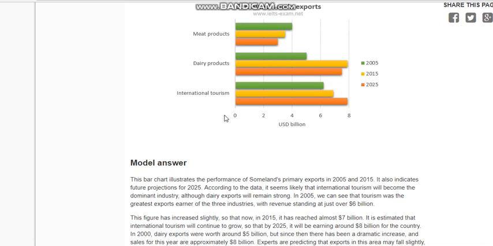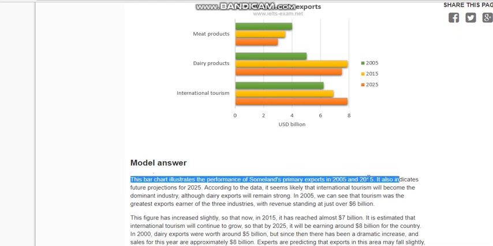So you can start with writing your first sentence because it's not going to change, and while you write that first sentence you realize what you are doing. So that's why it is important. This bar chart illustrates the performance of SumLand's primary exports in 2005 and 2015.